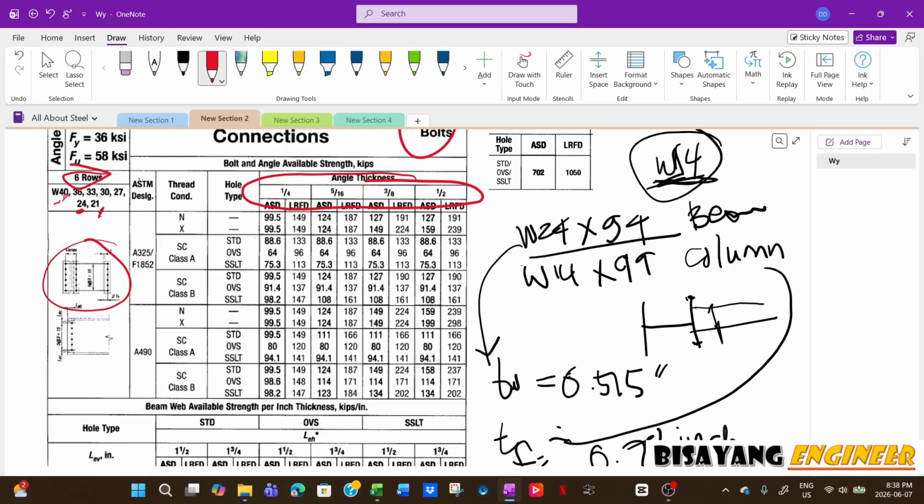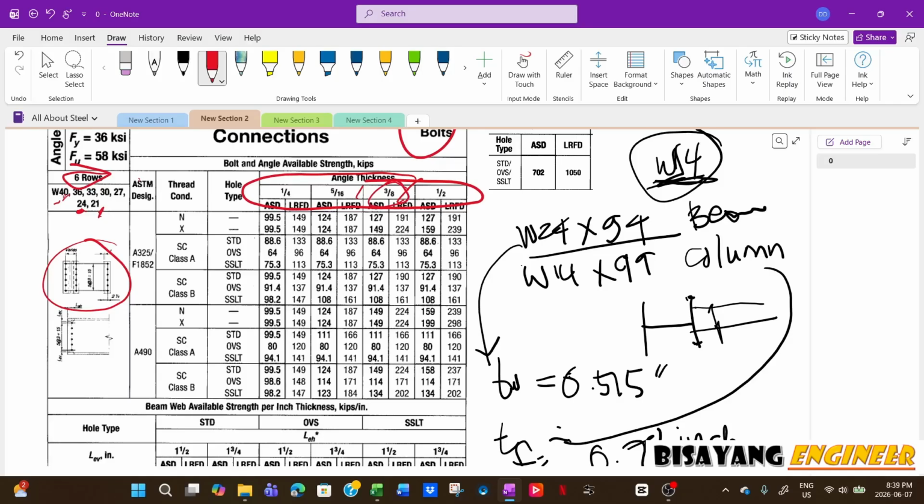So all you have to do first is select the thickness. You either go with 5/16 or 3/8 of an inch. And usually when I design an angle connection, I will typically use the 3/8 thick angle.